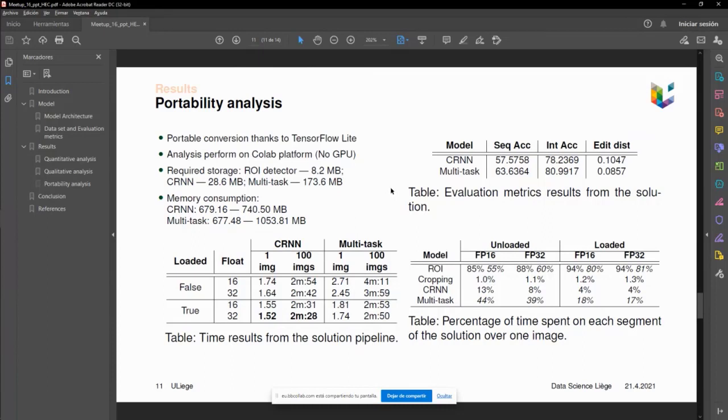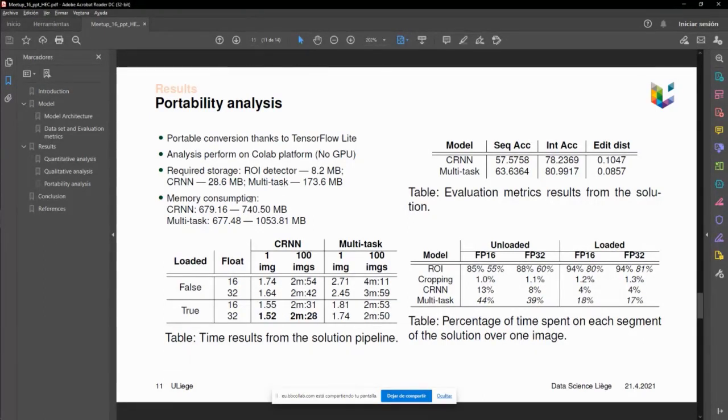Basically, we can say that the required storage of the different models is between 8 megabytes and 170 megabytes for the multitask. This last model is still a huge one, but it can still be ported into a mobile.